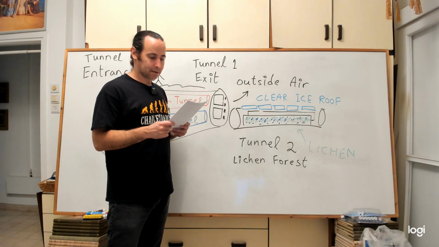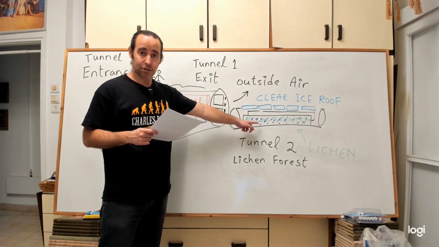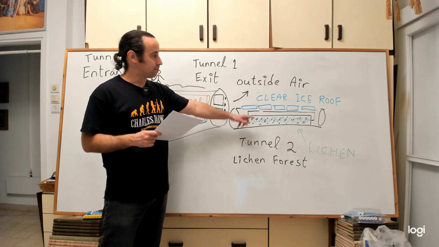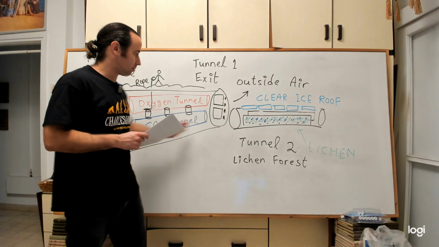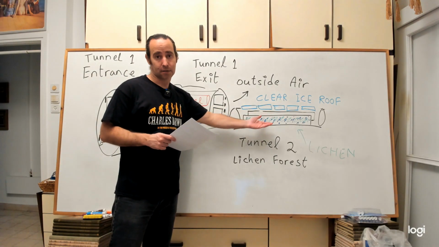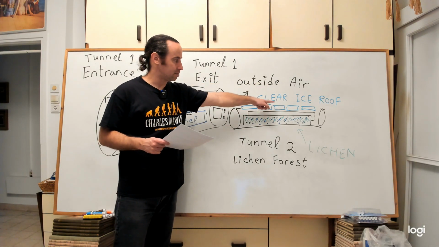Okay, because they need light. The lichen needs light from the sun in order to convert the CO2 into oxygen, into O2. Okay, so it needs light. It needs to be transparent.